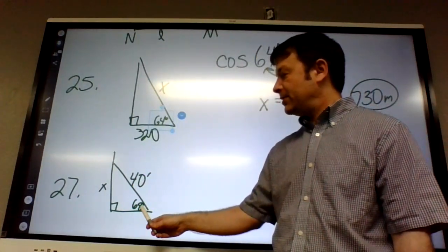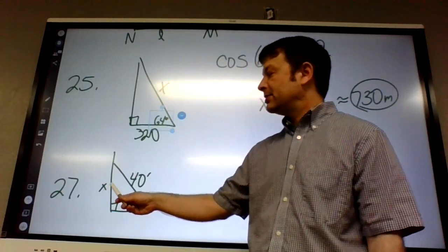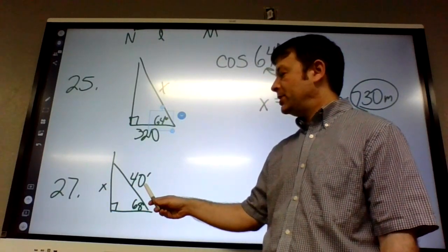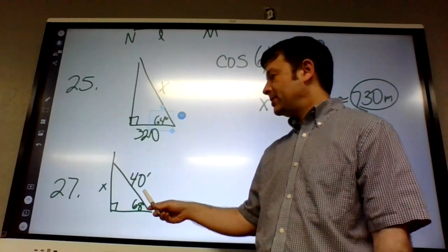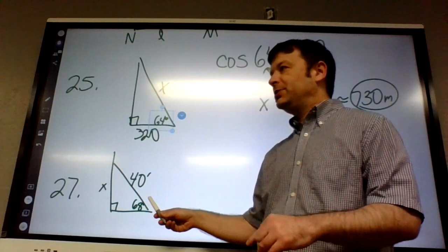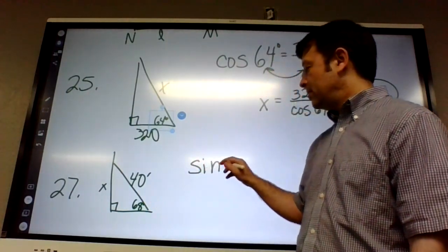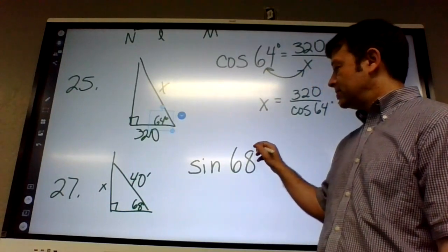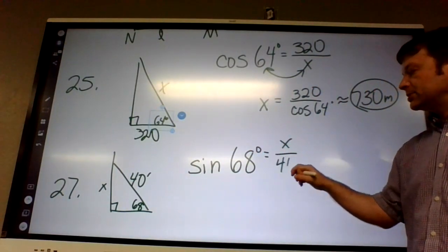Relative to 68 degrees, x is the what side? Opposite. The wire is the what side? Hypotenuse. So which trig function uses opposite and hypotenuse? Sine of the angle, 68 degrees, should equal opposite over hypotenuse.